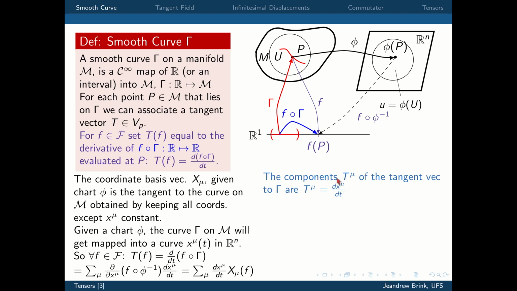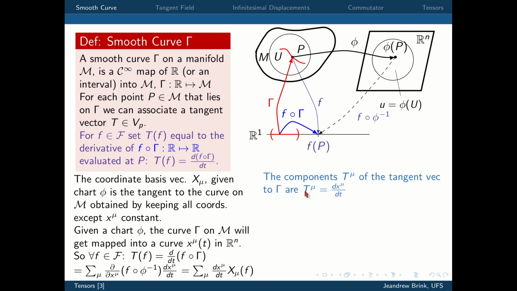Okay, so the components of the tangent vector to gamma. Remember you have the idea of the vector, then you have the vector expressed on the coordinate basis, and the components on the coordinate basis of a particular vector given a particular chart are just how the coordinates of that curve are changing in Rn.